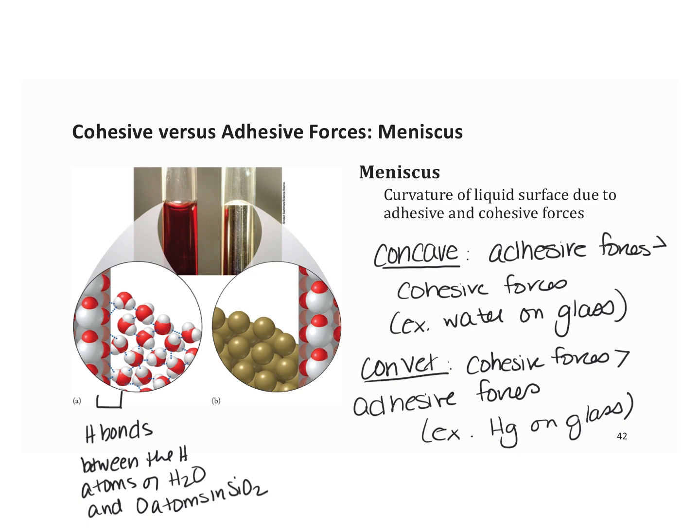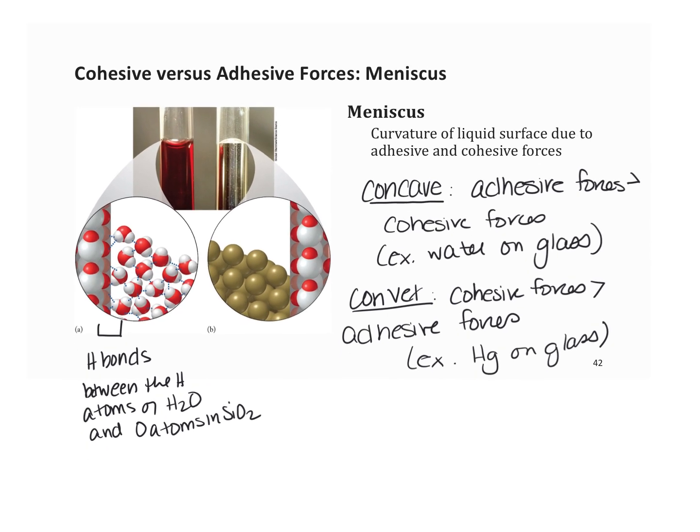And so those bonds make the water adhere to the edge of that glass, which is what makes it that U shape. Mercury atoms have no attractions like that, and so it forms this convex meniscus because the mercury atoms don't have those intermolecular forces to the sides of the glass.